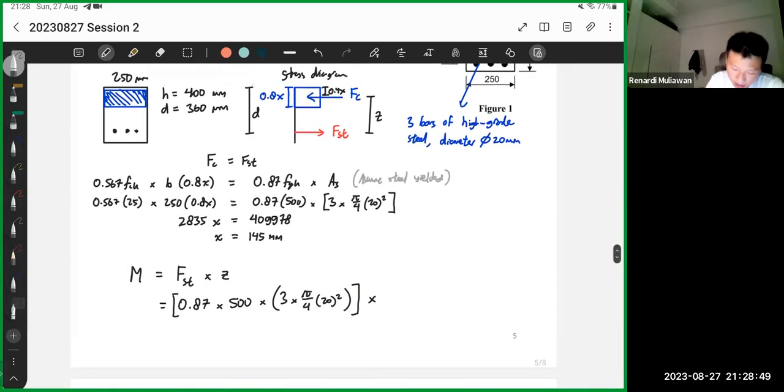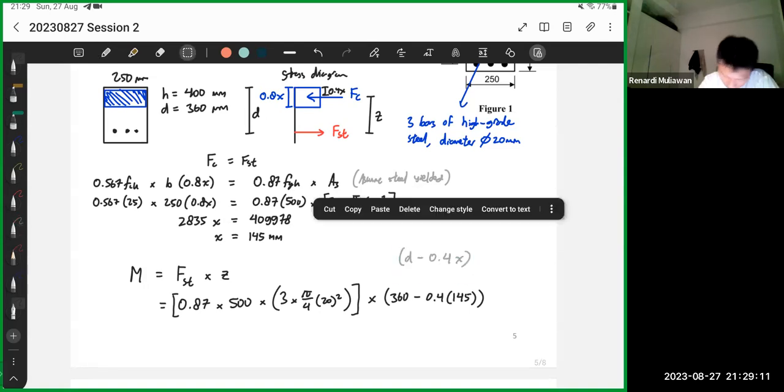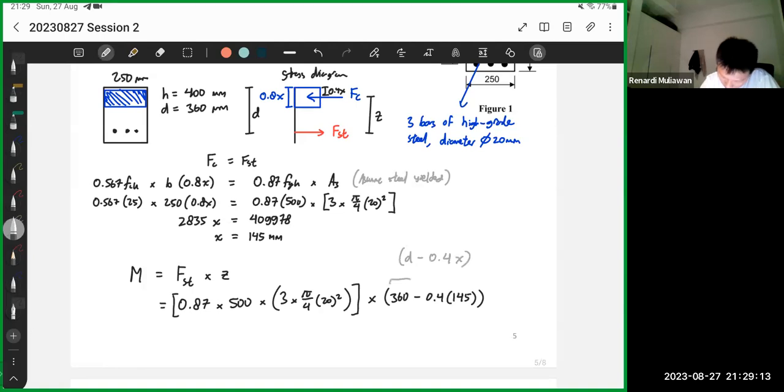In this case, it's D minus 0.4x. So D is 360 minus 0.4x. So this is D minus 0.4x.